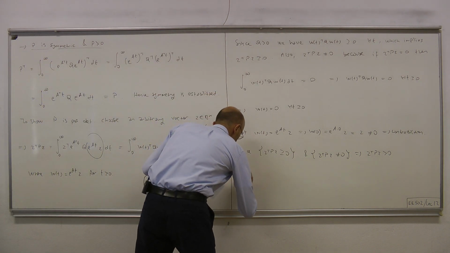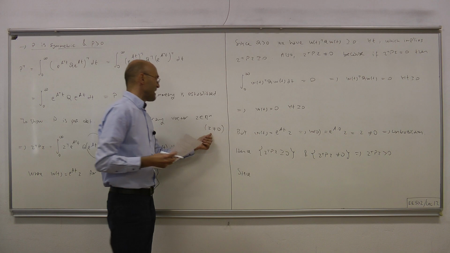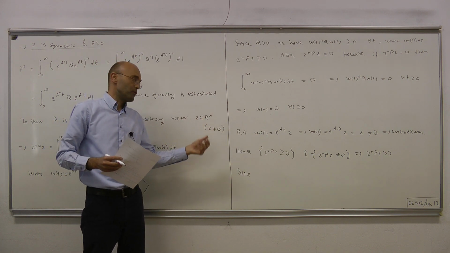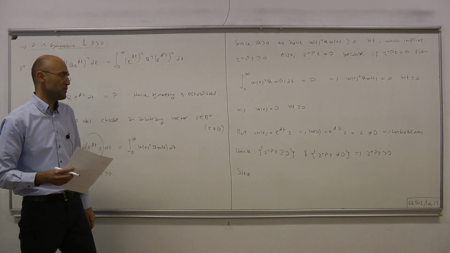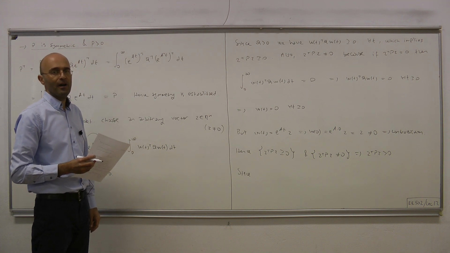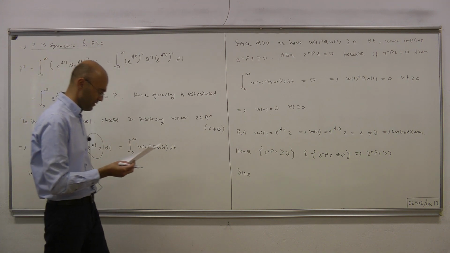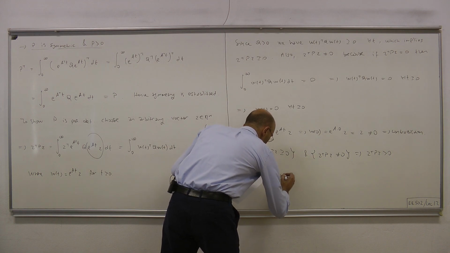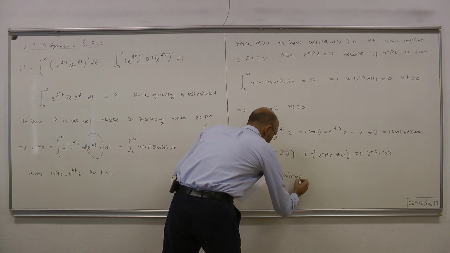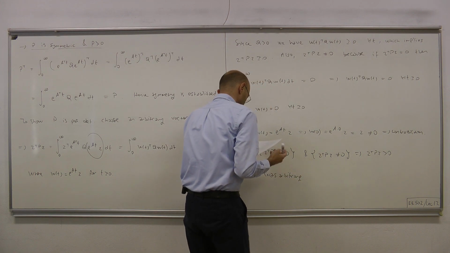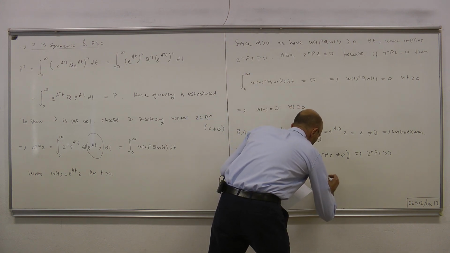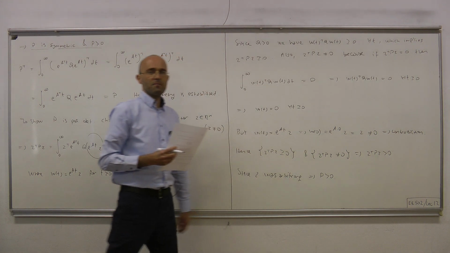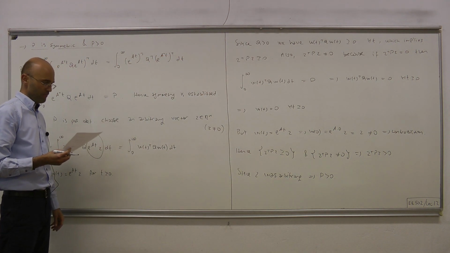Since we didn't make any assumptions on z other than that it's different than 0, by definition this implies that the matrix P is positive definite.